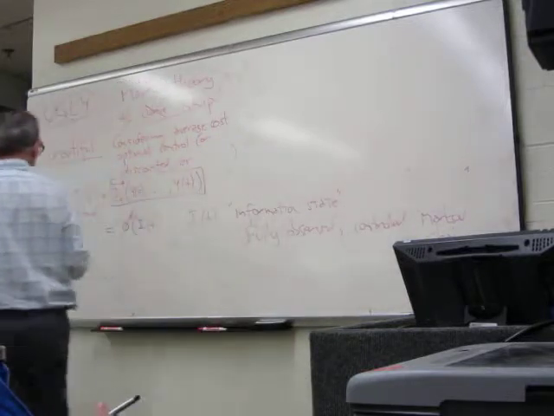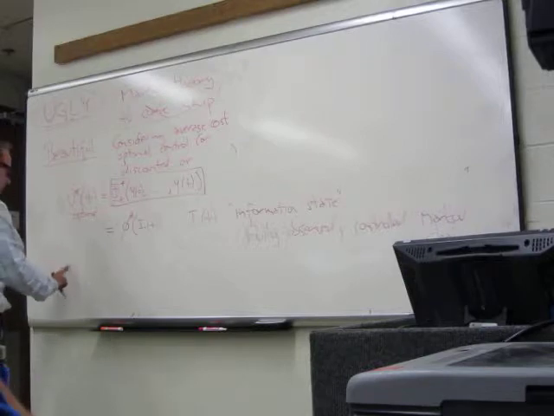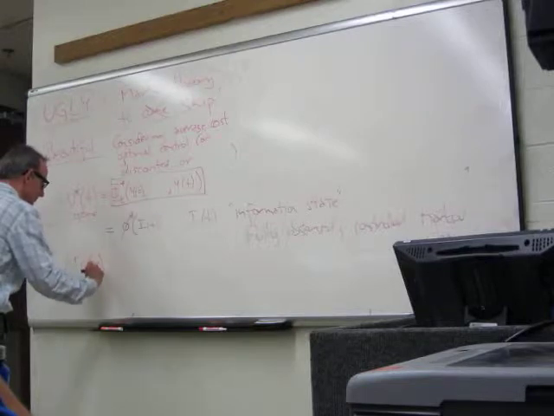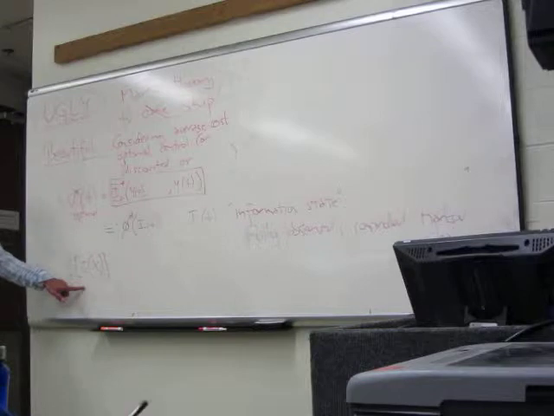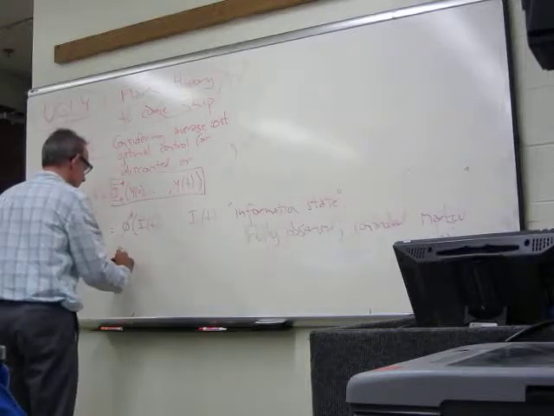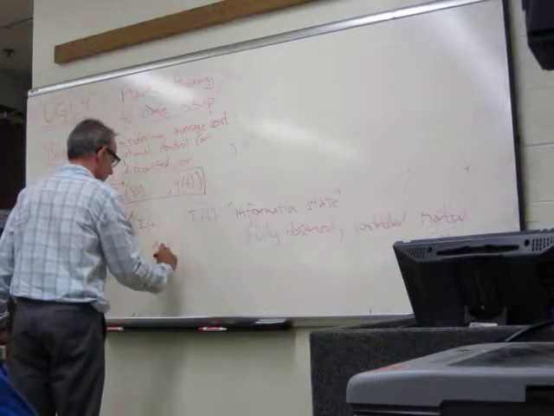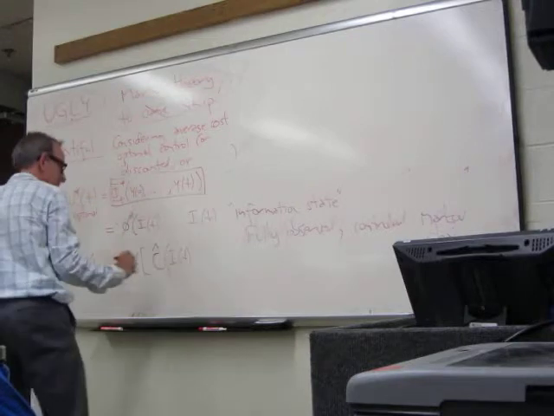but moreover, I can write down the expectation of C of X. Let's forget U for a second. I can write down that expectation as some function of the belief state.